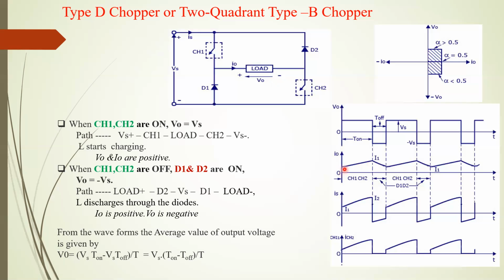When it is charging, V naught appears, and V naught is equal to Vs, where the chopper current is the same as the source current. So we show it from minimum to maximum, and the chopper current also flows from minimum to maximum. Then I naught flows from minimum to maximum.